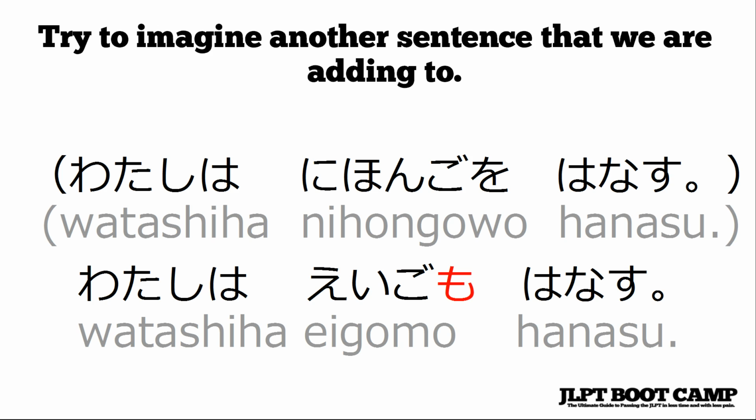So try to always imagine that with this mo, you're adding to something that has come before it. A presupposition, for example, or some idea that you're adding to. It's best to think of it like that, just like it is in English. Too or also or not either. You're adding to something that has come before. So always try to remember that.